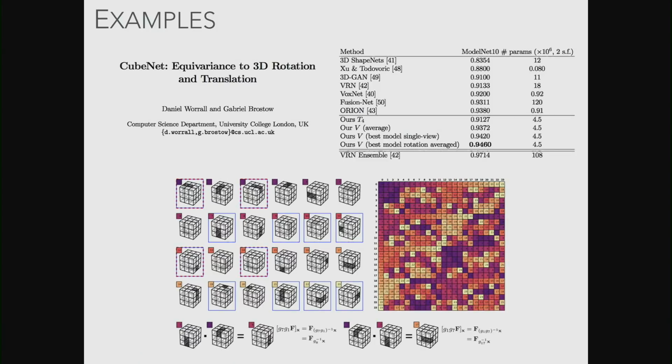Another example, something I pushed out a few months ago, CubeNet, we basically do roto-translation in 3 dimensions. 3-dimensional rotations are actually fairly complicated. They are what's called non-commutative. So if I do rotation A followed by rotation B, that's not the same as B followed by A. And this big colorful thing is a lookup table called a Cayley table.